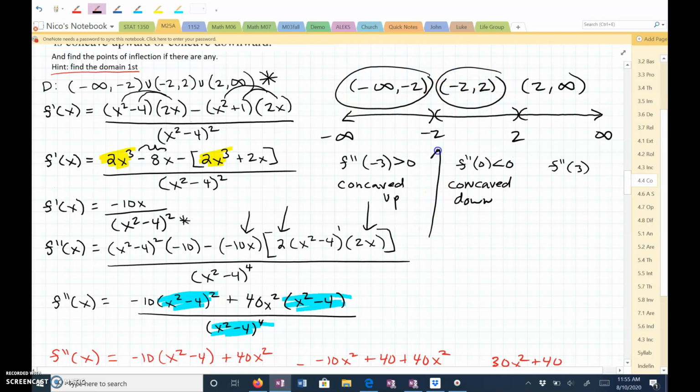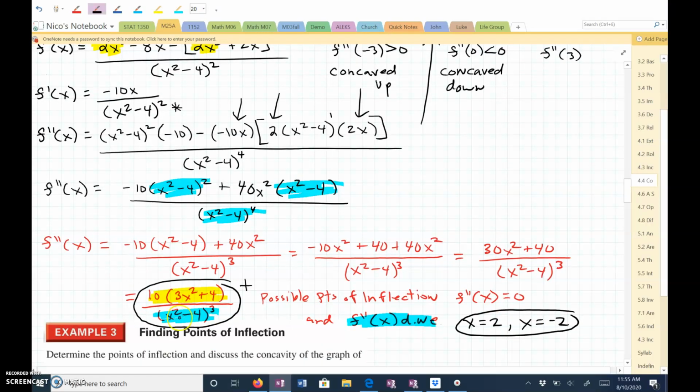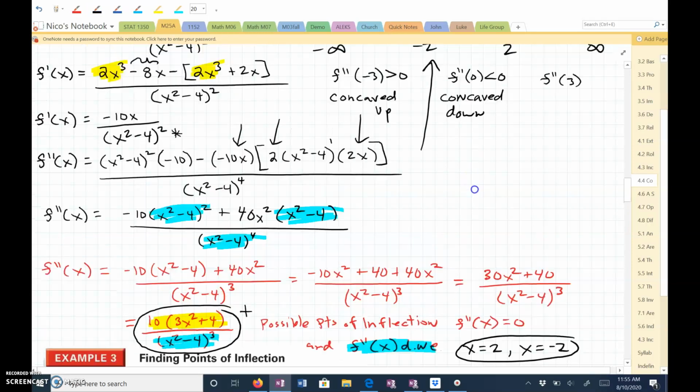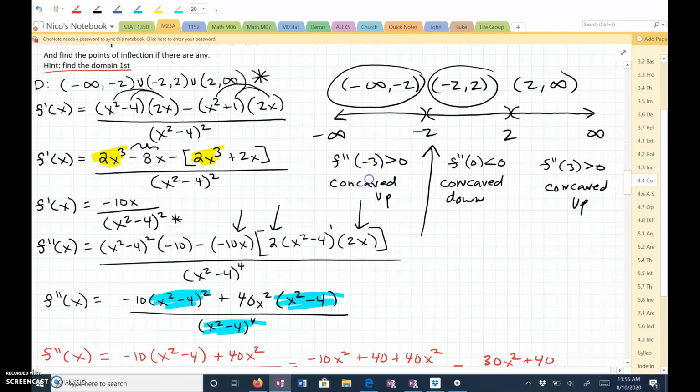Remember, that's not a point of inflection because the point doesn't exist even though concavity changes. And then 3, okay, numerator would be positive. This is going to be 9 minus 4, which would be positive. Cube of positive, still a positive. So this is going to be greater than 0, so this would be concave up. That would be it for this one.